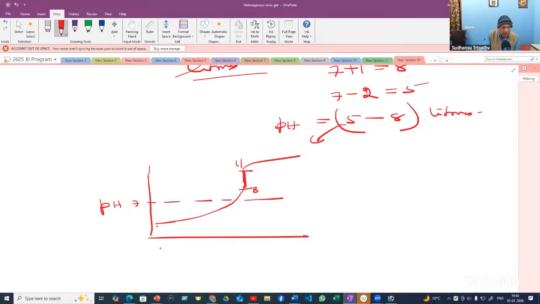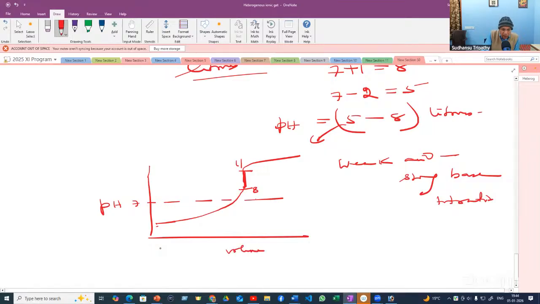That is the weak acid and strong base titration. So you have to add a volume of alkali base. Then only you can see the buffer existing throughout, up to the onset of equivalence.